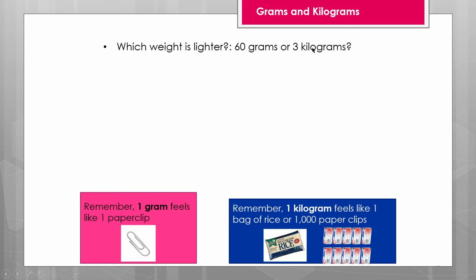We said that 1 kilogram is equal to 1,000 grams, so 3 kilograms would be equal to 3,000 grams. Do you think that 60 grams is lighter or 3,000 grams is lighter? Of course, 60 grams is lighter.